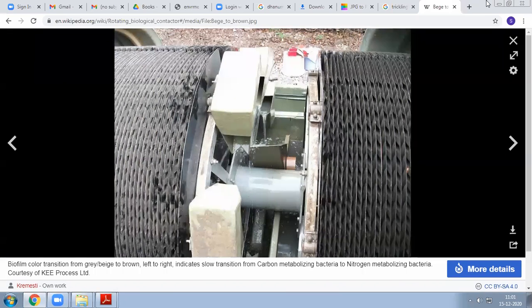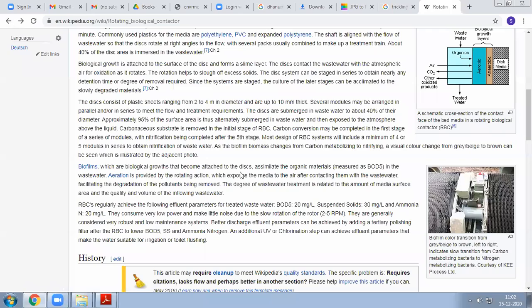Seeing, no, this is a disc. Wastewater will always pass through this disc, and since it will be rotating, it will get exposed to air also, and microbes start converting all sewage to simple form. So this is a conventional disc. So we'll try to move on then.